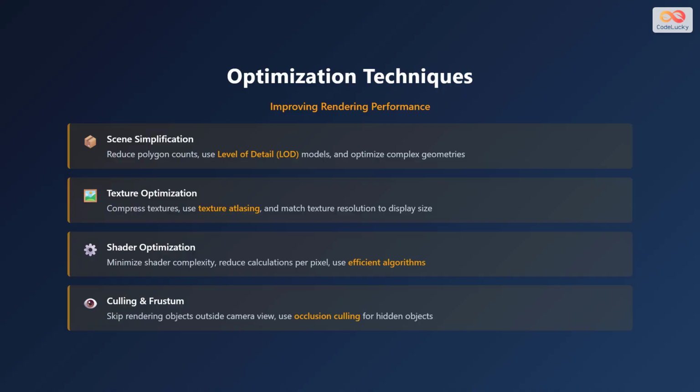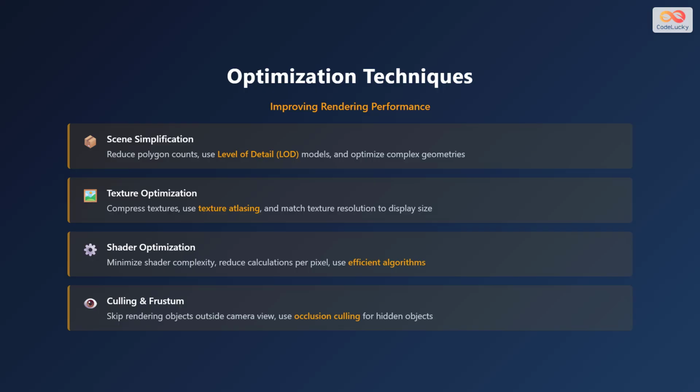To achieve smooth rendering performance, developers use several optimization techniques. Scene simplification reduces polygon counts and uses level of detail models, so distant objects use fewer polygons. Texture optimization compresses textures, uses texture atlasing to combine multiple textures into one, and matches texture resolution to the display size.